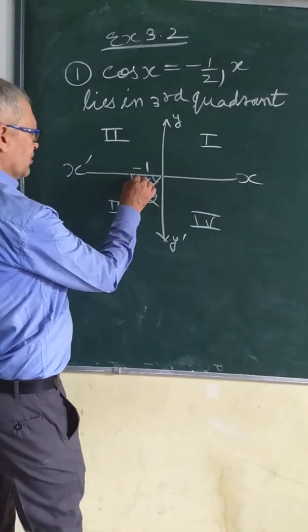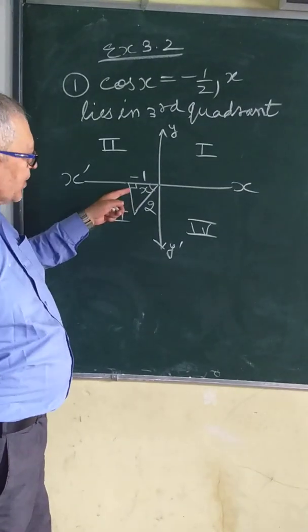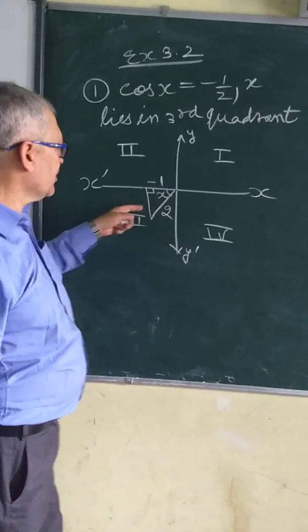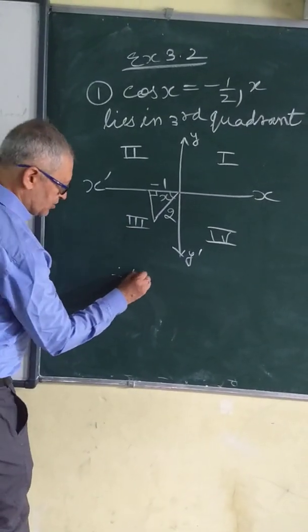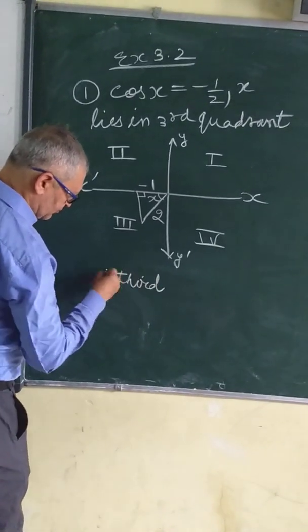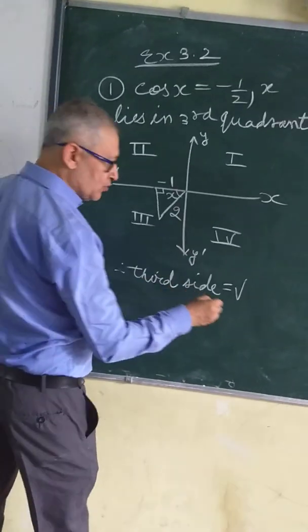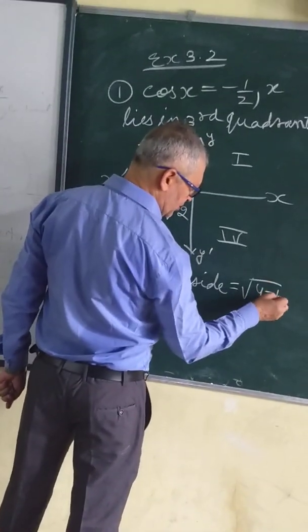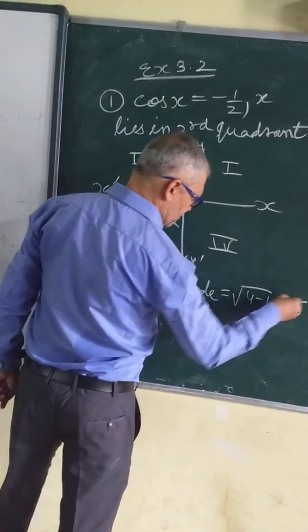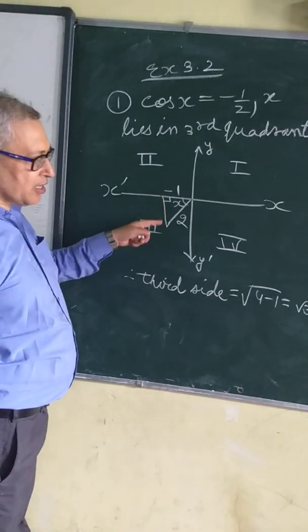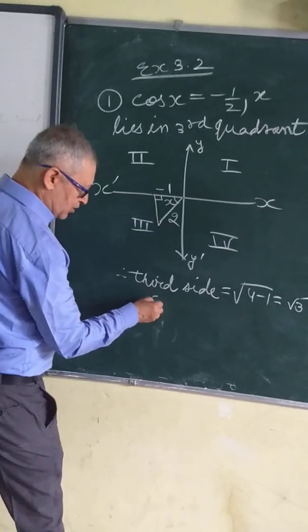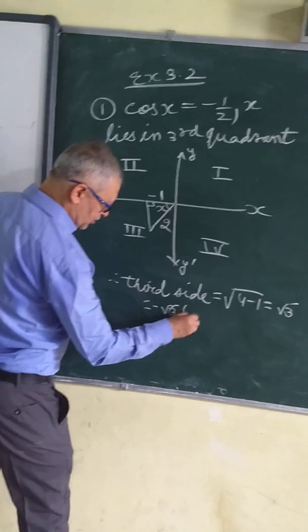So from right triangle we will use Pythagoras theorem to find out this side. So therefore third side by Pythagoras is equal to under root 4 minus 1 is equal to root 3. Since this side is negative side of y-axis, so this will be equal to minus root 3.